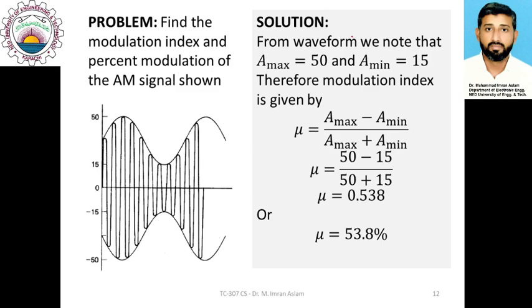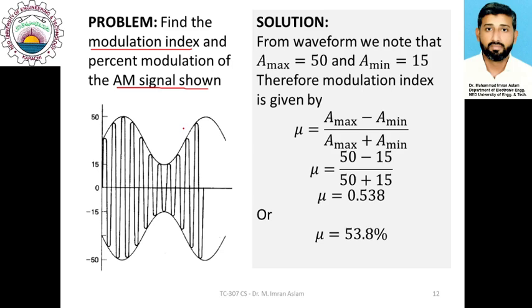So let us take another problem. So I want to find modulation index and percentage modulation of AM signal, which is shown here. You can take it that if you are getting an AM signal, you have simply applied it onto an oscilloscope and you have got this type of waveform here.